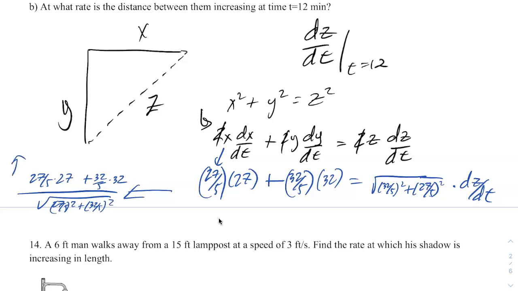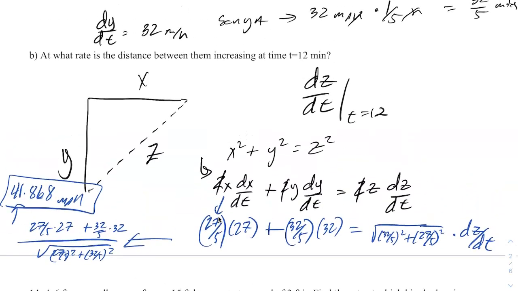If you plug that into your calculator, you're going to get 41.868 miles per hour. And there's the answer. So that's the rate it is increasing. So for every hour, it's increasing by about 40 miles.